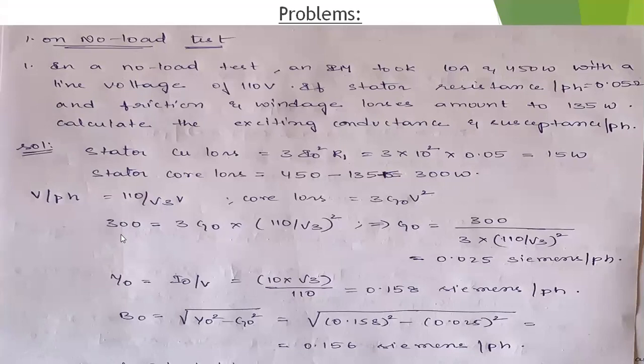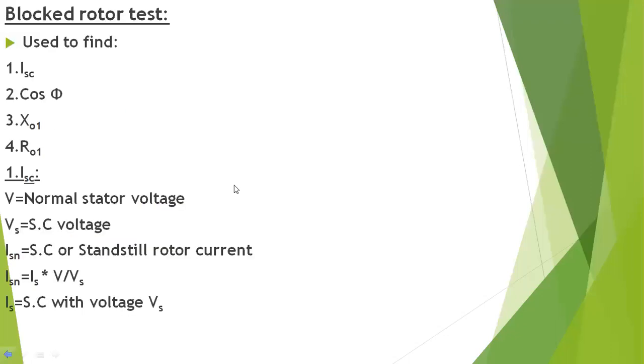Okay. Next is the blocked rotor test. In this, we have to find out 4 values. This test is used to find, first one, the short circuit current ISC.